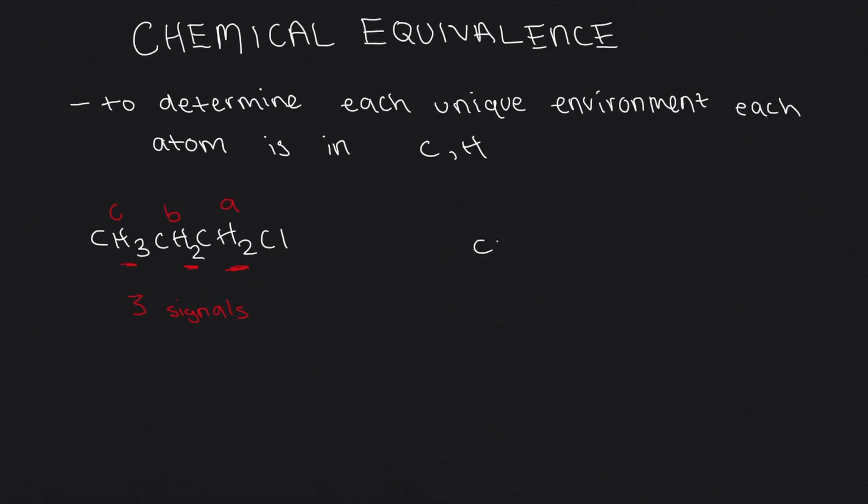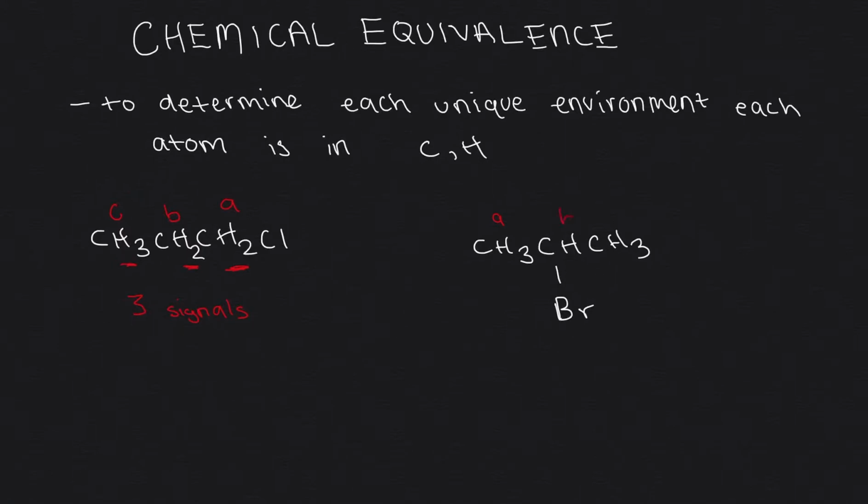Okay, let's just look at another example. Okay, so this one we can go ahead and just label that first one. This is in its own chemical environment. Now this one here, we can see it's directly attached to the bromine, whereas this one was not.